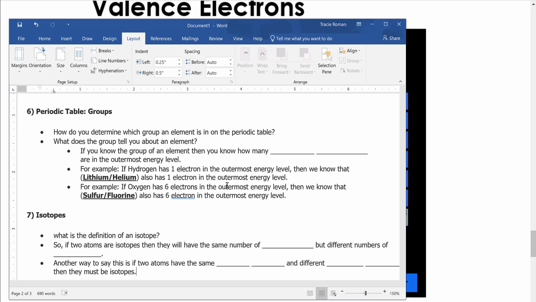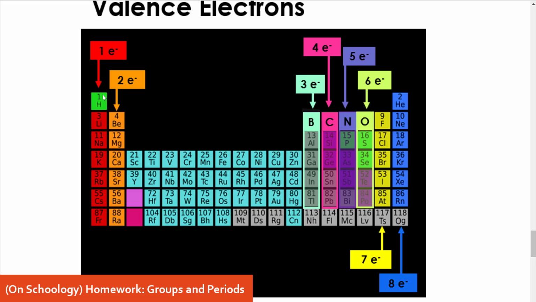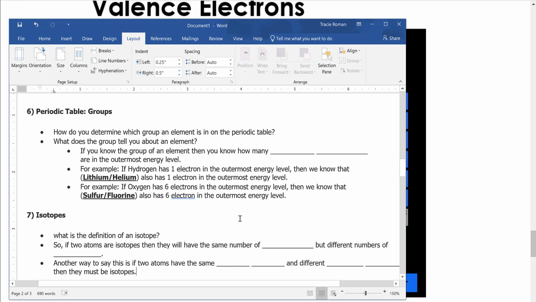For example, if hydrogen has 1 electron in the outermost energy level, then we know that either lithium or helium also has 1 electron in the outermost energy level. So that would be lithium, because hydrogen and lithium are in the same group. That means they have the same number of valence electrons.